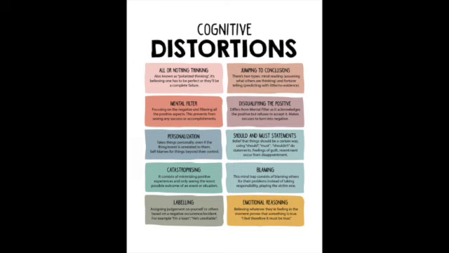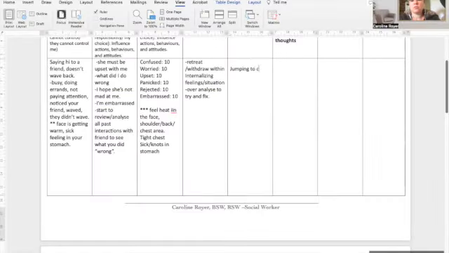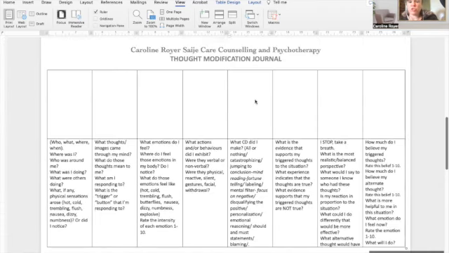So in this one, it would be jumping to conclusions, mind reading, projecting what someone else is thinking, right? So that's jumping to conclusions, personalizing, not knowing the situation, maybe that person was just as busy as you were, emotional reasoning.